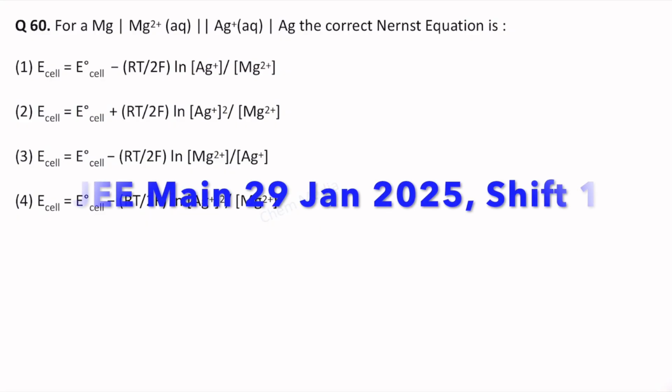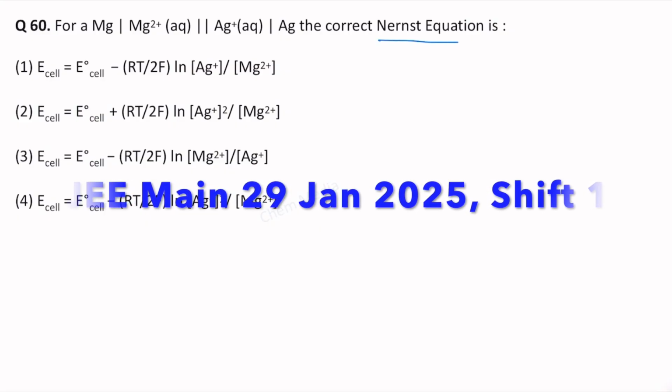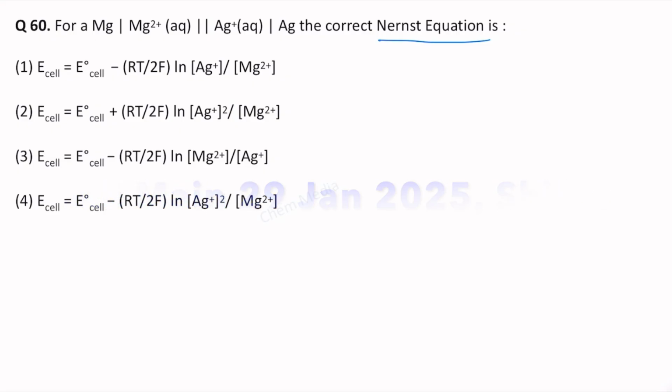For the cell, the correct Nernst equation is which one? Nernst equation is the one that relates cell potential with the concentration of the species involved in an electrochemical reaction. Now, we know that Ecell is equal to Ecell Standard minus RT by NF ln and then the reaction quotient.